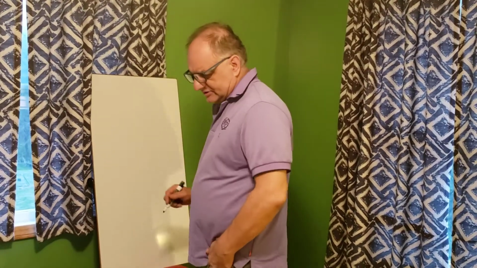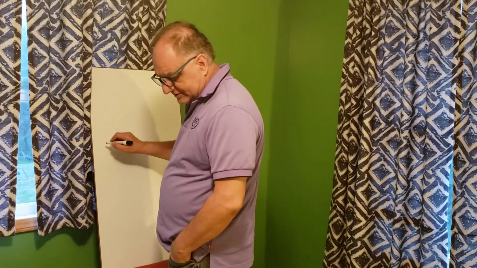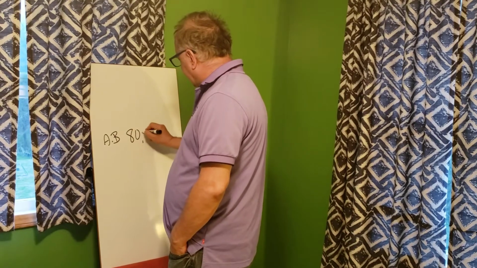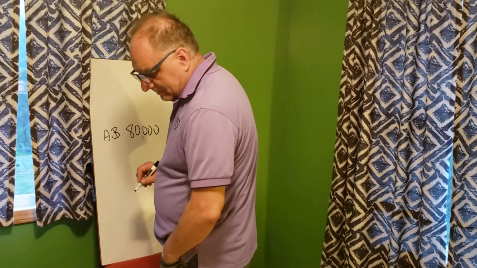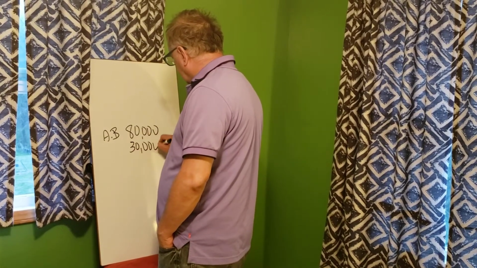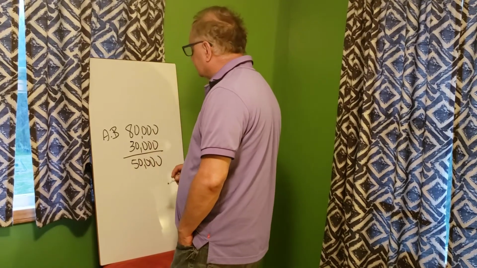Again, we need to do this same calculation. My adjusted basis is 80,000 minus my depreciation of 30,000. So my adjusted basis is $50,000.